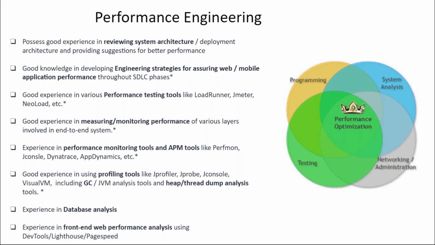What are the components in your architecture? Before we do scripting or testing, as a performance engineer we should be able to review the system architecture and at least understand or guess whether, with these particular components, we will be able to achieve the SLA or not.